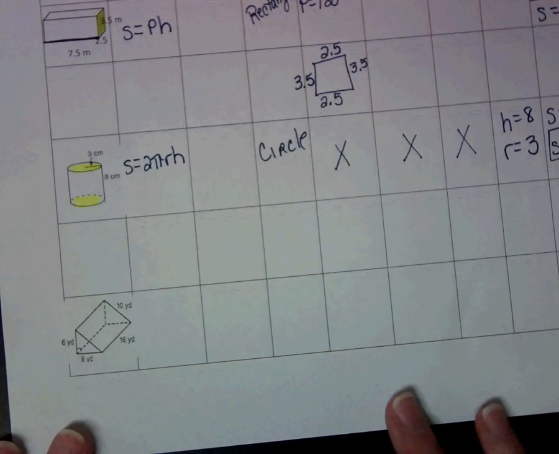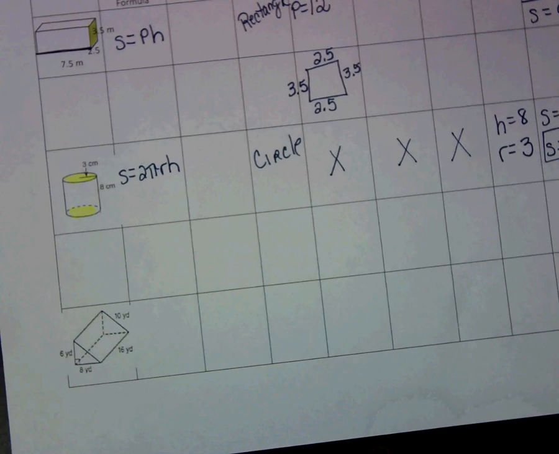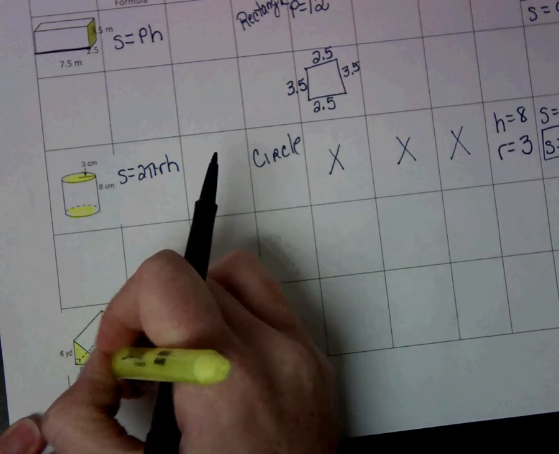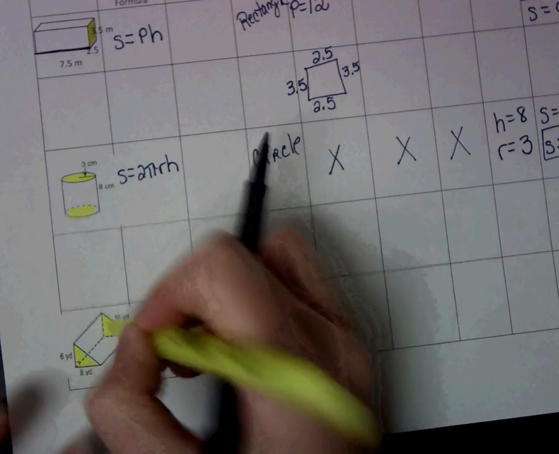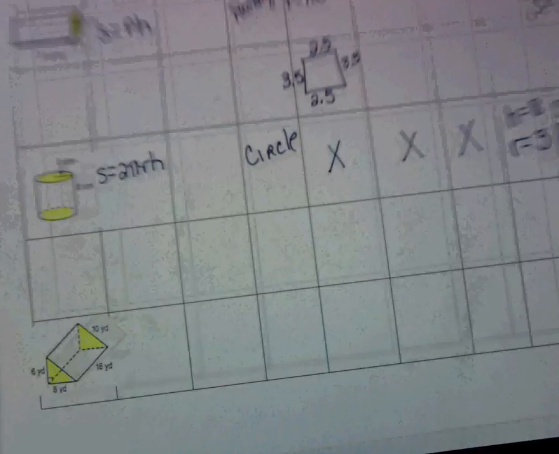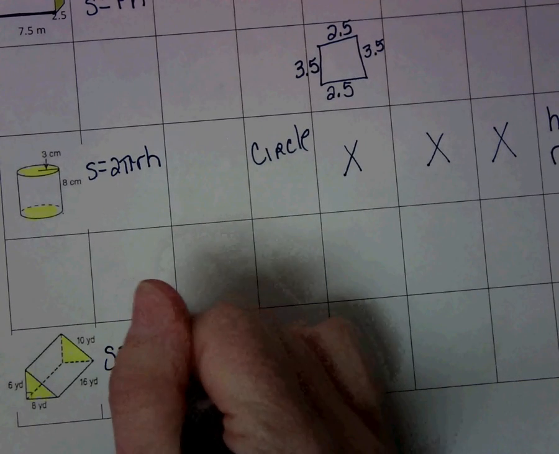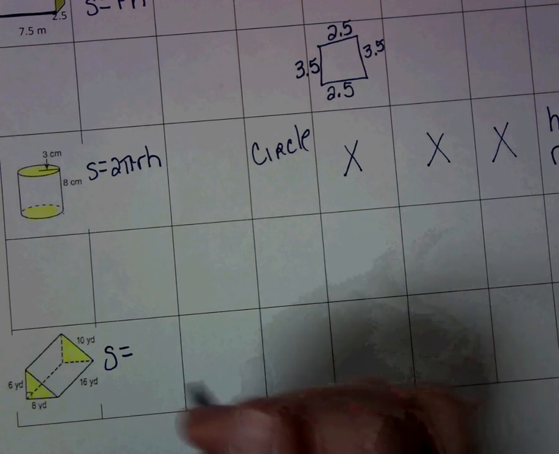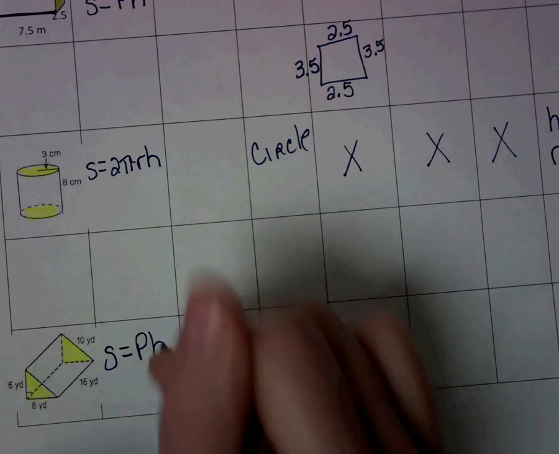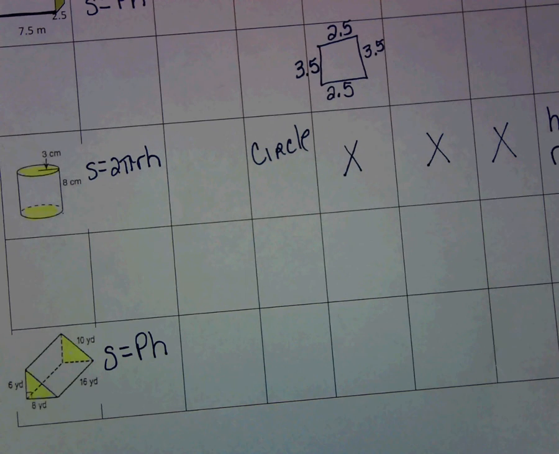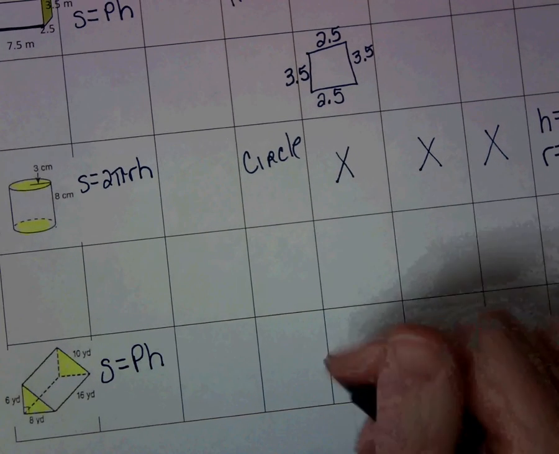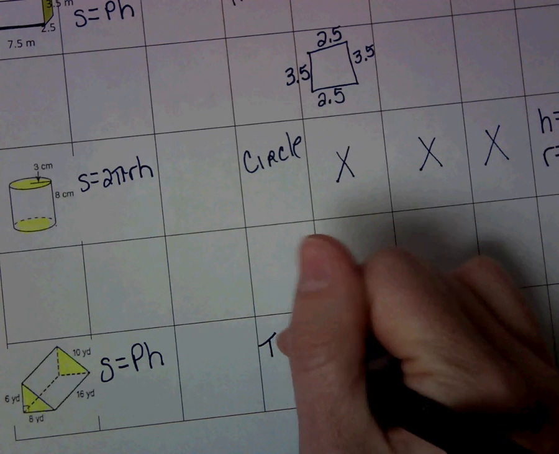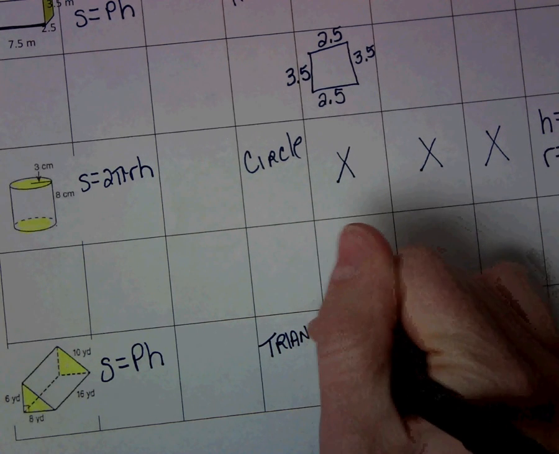Okay, one more example. I want us to look at the triangular prism. Remember, it's a triangular prism because the bases are triangles. Again, let's look up our lateral surface area formula. It doesn't say triangular prism, it just says prism, which is capital PH, perimeter of the base times the height. We need to know the shape of the base, which is a triangle.